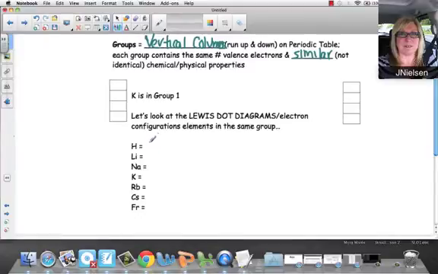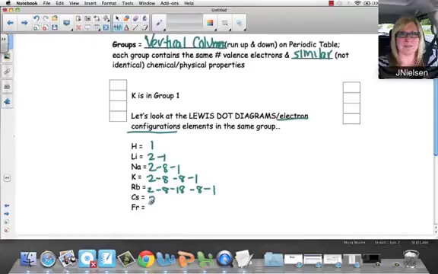H, the electron configuration, I'm giving you electron configurations, is 1. Lithium is 2, 1. Sodium is 2, 8, 1. Potassium is 2, 8, 8, 1. Rubidium is 2, 8, 18, 8, 1.